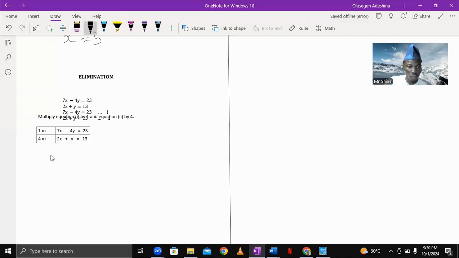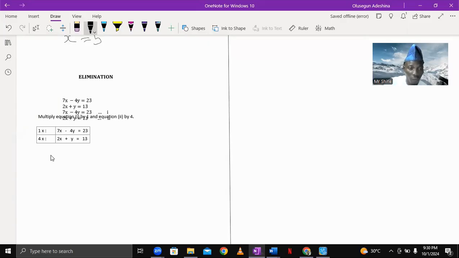Okay, 1 times 7x. Now, let's remember the reason why we are using 1 to multiply equation 1 and using 4 to multiply equation 2. When we multiply 1 by equation 1, then 1 times minus 4y will be minus 4y.